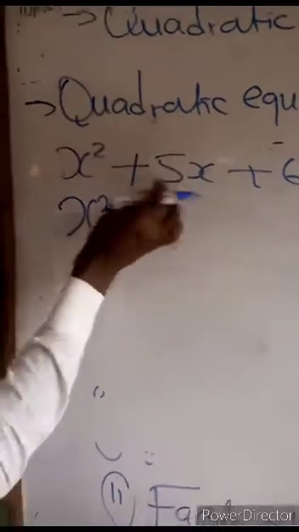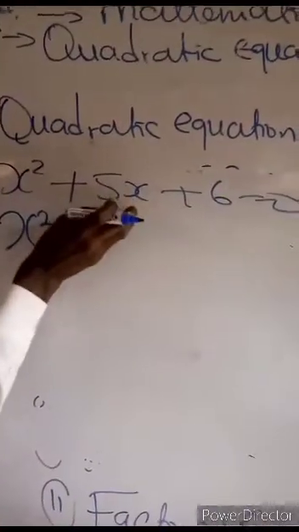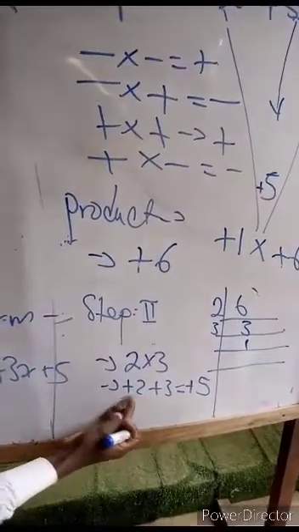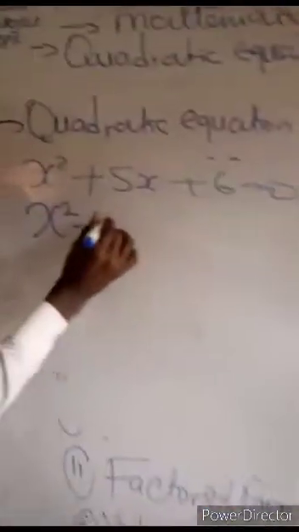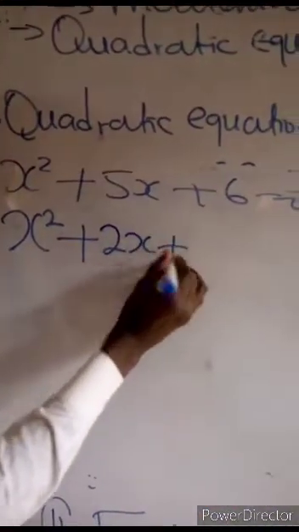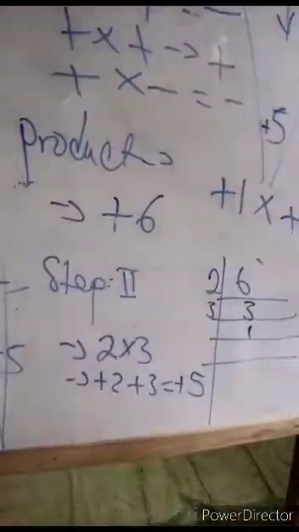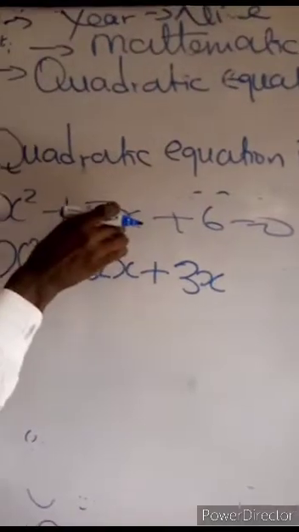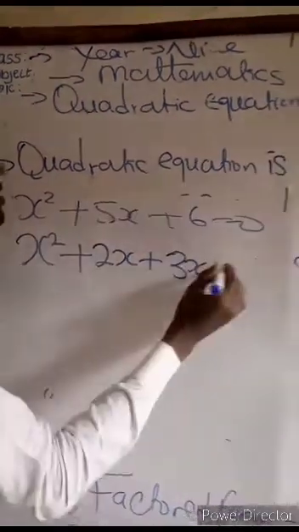Then plus, how can I get the 2 numbers that will combine together to give me 5? Psychologically, mathematically, intellectually, plus 2 plus 3 should give me plus 5. So plus 2x plus 3x, and when you add them together, they will give you plus 5x, then plus 6.